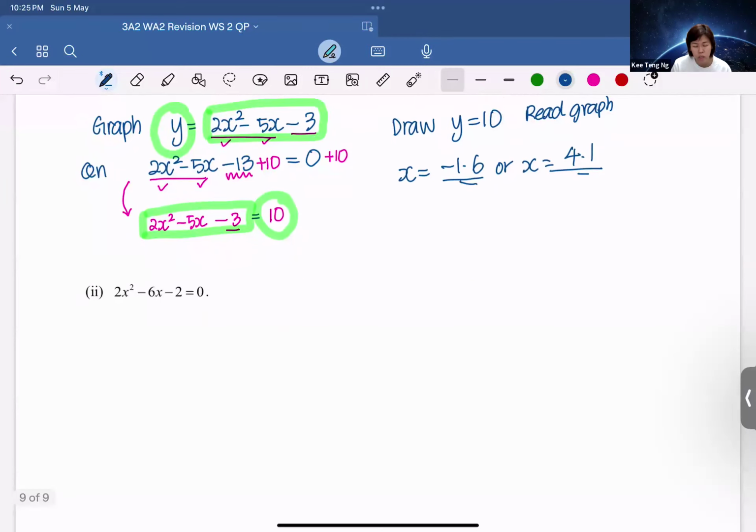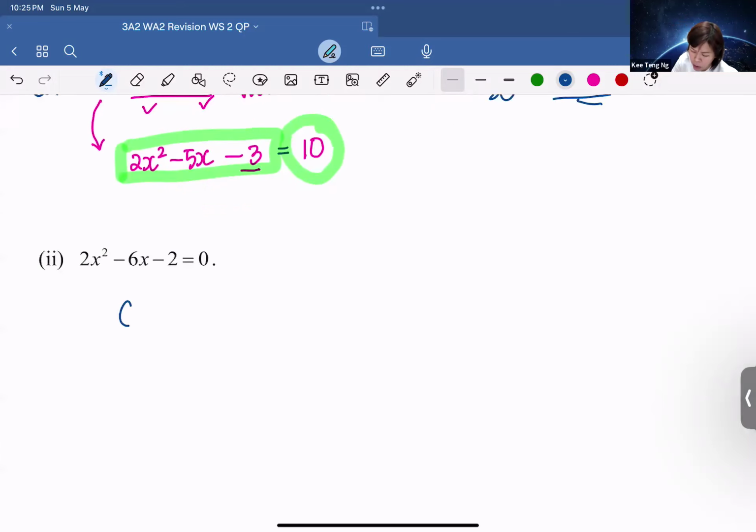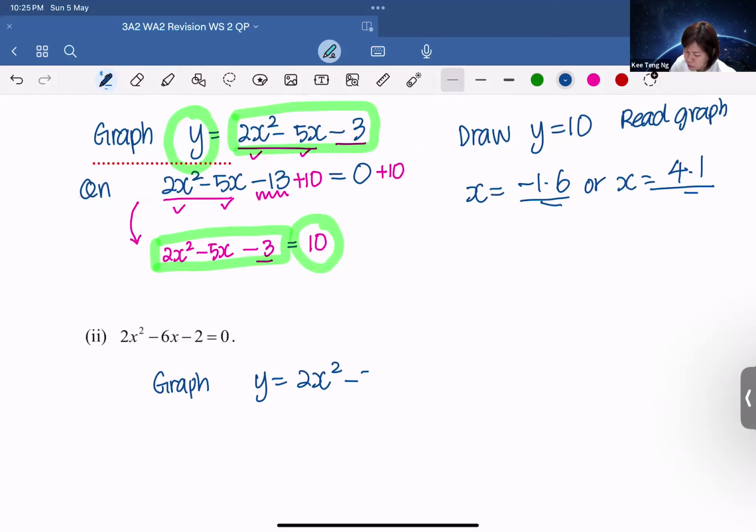Okay, next question. Now we have x squared minus 6x minus 2. The question is becoming more and more different, so let's recall a little bit. Remember our graph. The equation is y equals 2x squared minus 5x minus 3.